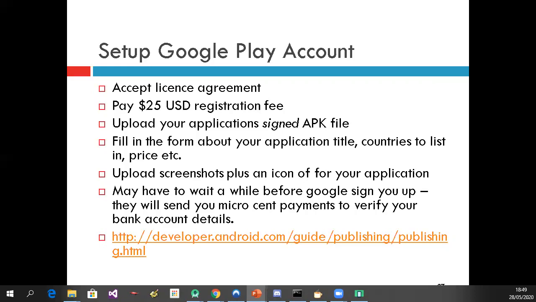So you need to say whether it's suitable for children or not, and then give your application a self rating. And if it's not rated properly, then people will complain, and you can find that your application is taken down off of the Google Play website.